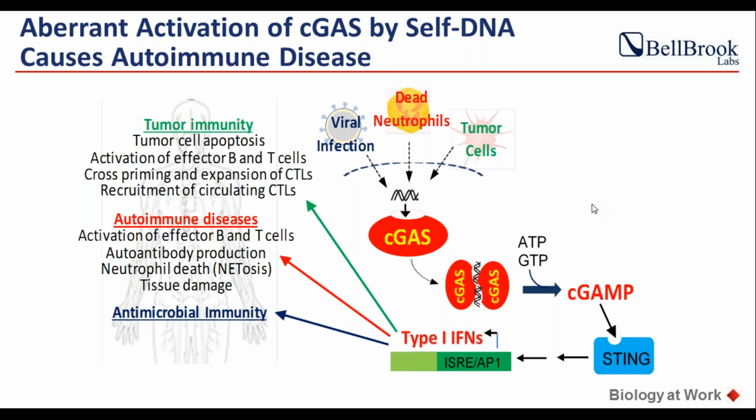cGAS has been implicated in roles in tumor surveillance. So as you can imagine, in tumor cells, there is DNA damage and there is a lot of accumulation of cytoplasmic DNA. So there is a role that cGAS STING pathway plays in activation of IRF3 for tumor surveillance. There is also a role that it plays in autoimmune diseases. For example, a disease like AGS, where there is chronic activation of STING due to host DNA in the cytoplasm, and there are also mutations in the TREX1 protein.